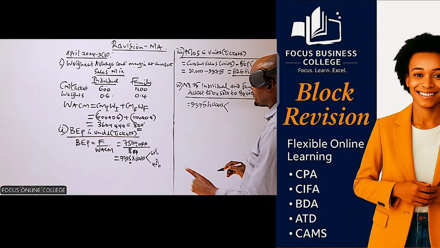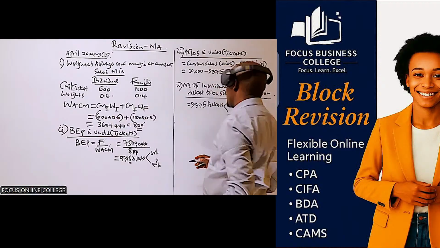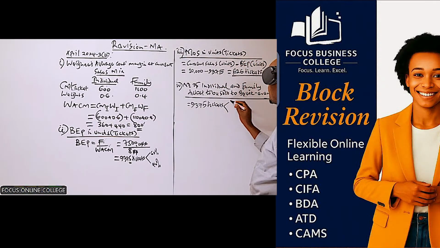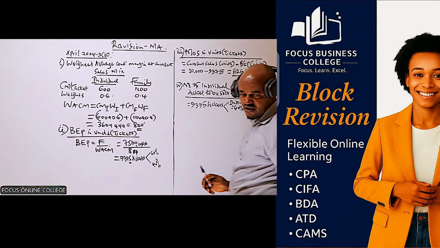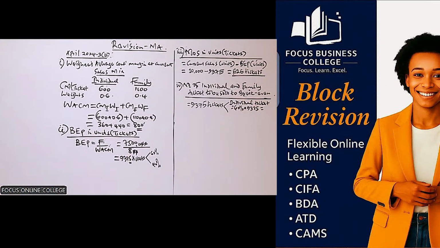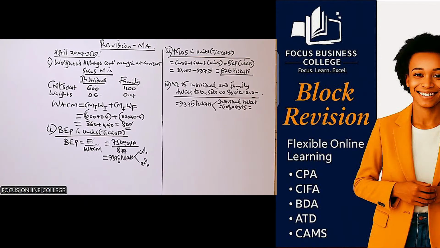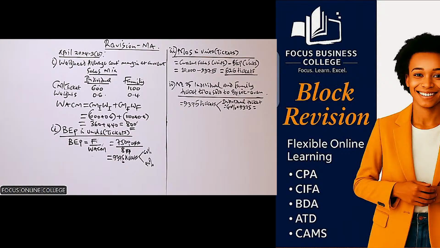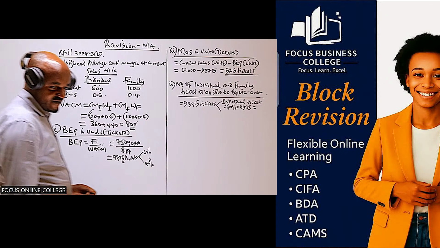The weight for individual tickets is 60%, so the individual tickets to be sold will be 60% of 9375. How many individual tickets will be sold in order to break even?